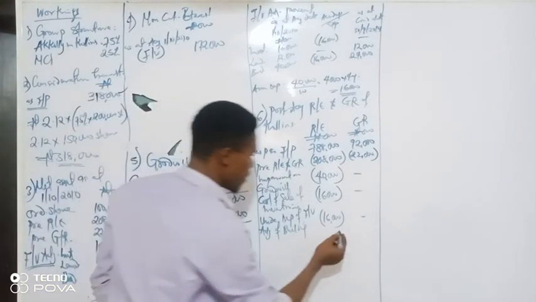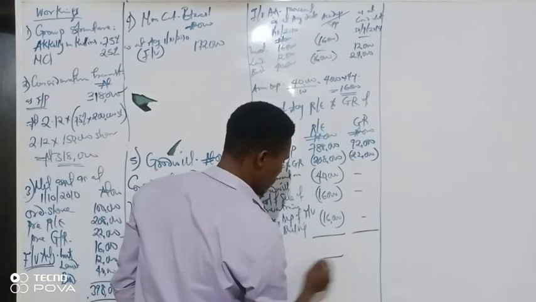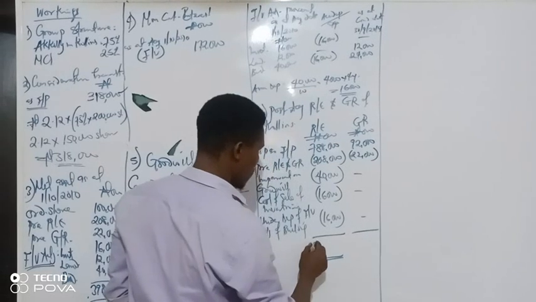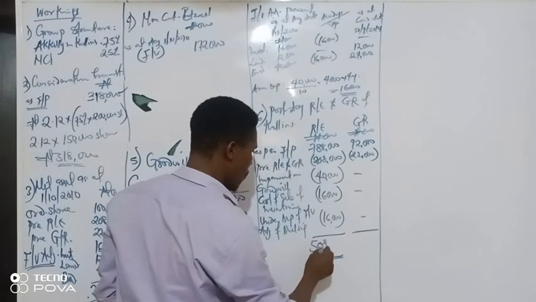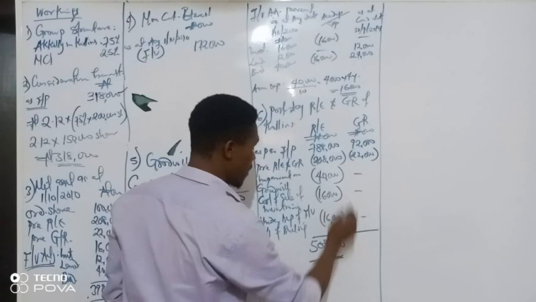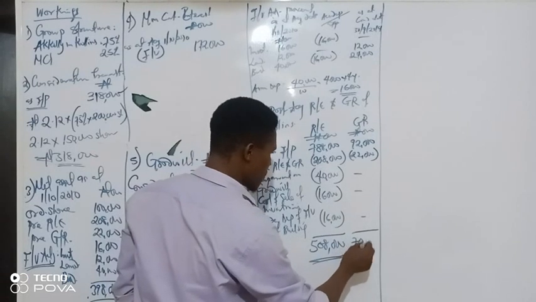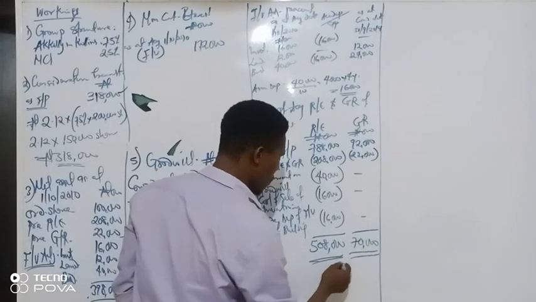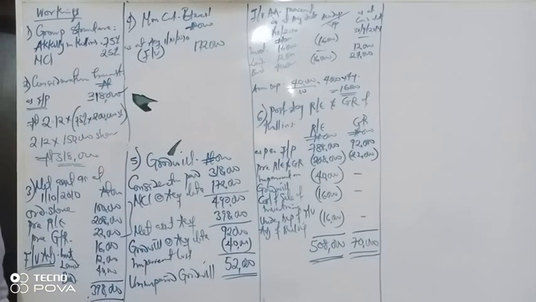So in view of that, our total retained earnings is 508,000, and general reserve is 70,000. So is it clear now? That's how we treat it.